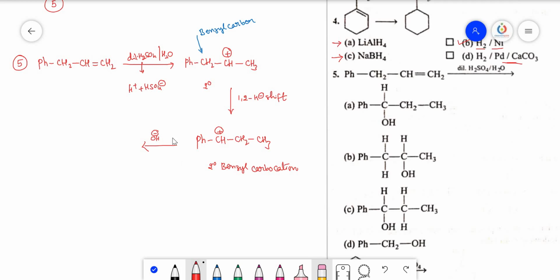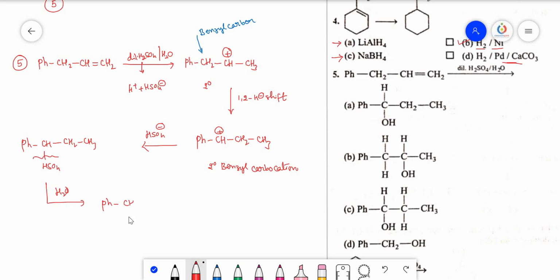I'll write that reaction first, and later we'll consider OH-. So you just take the HSO4- and give Ph-CH(SO4H)-CH2-CH3. The hydrogen does not actually connect to the carbon; it is SO4H you can write, and this on reaction with water, the water disconnects this bond, adds hydrogen this side and OH that side.